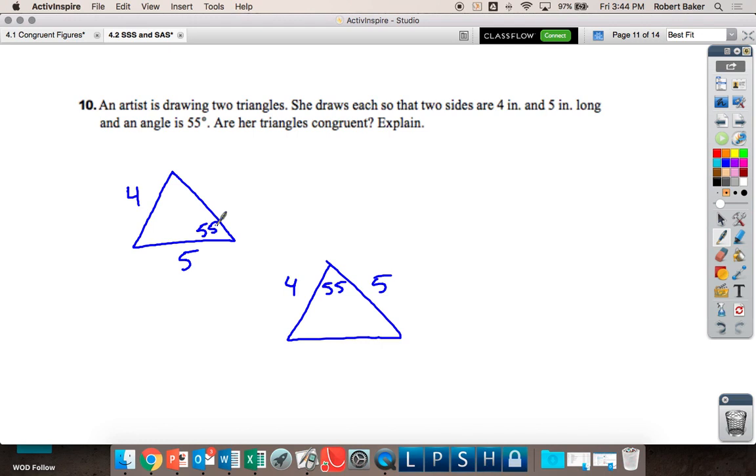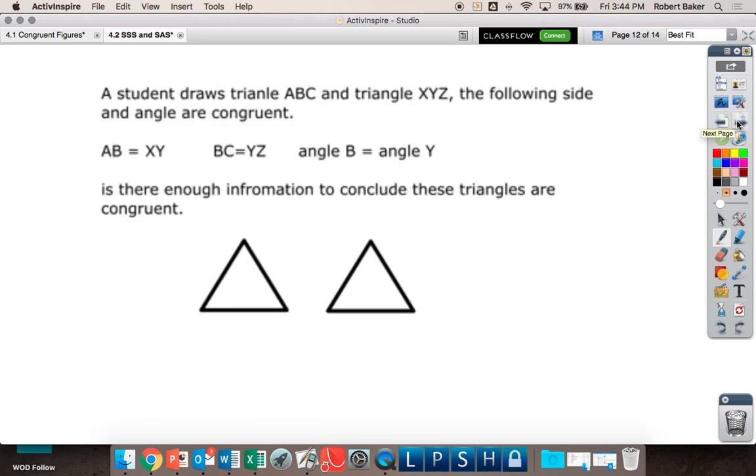Okay, let's try it again. A student, maybe more intelligent than an artist, maybe less intelligent, draws two triangles. I drew them for you. Triangle ABC and triangle XYZ. Are they congruent? So the first thing you have to do is draw two triangles. Maybe you should label them first.